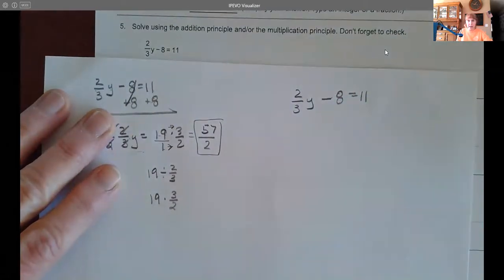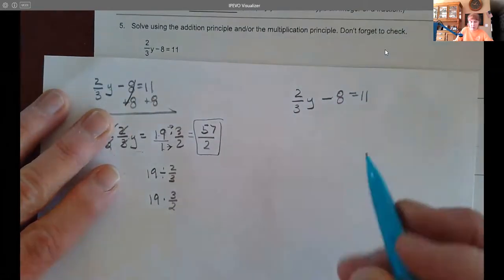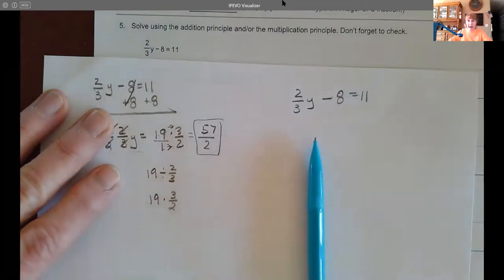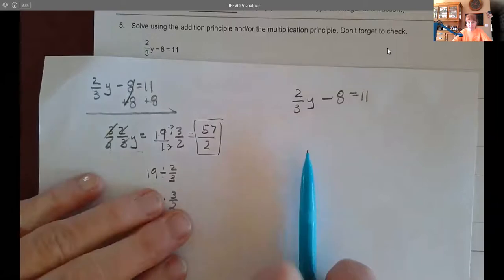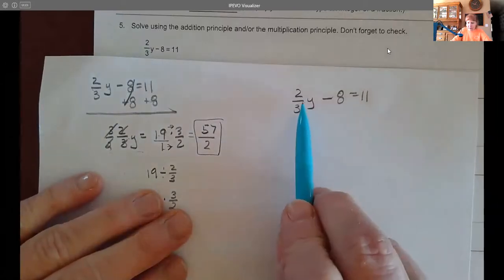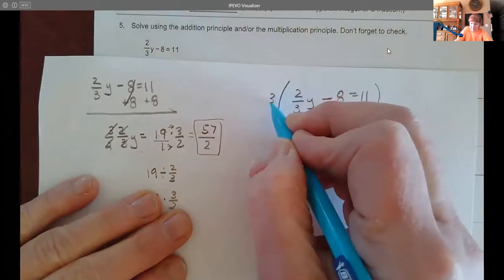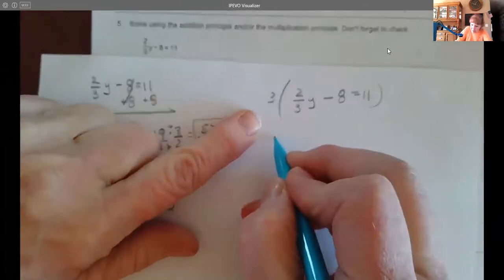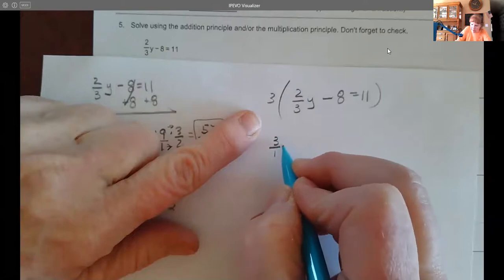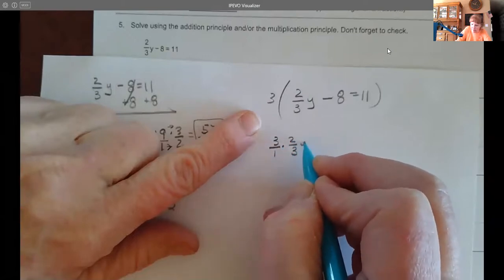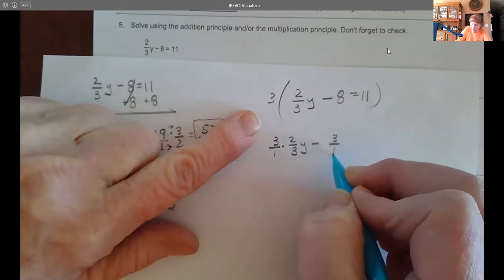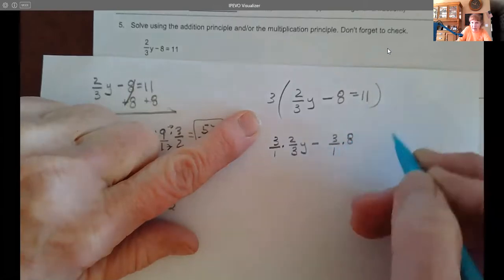All right, so now in order to solve this, we're going to eliminate the fraction first. So here we're going to multiply by 3 every term. So that gives us 3 over 1 times 2/3 y, 3 over 1 times 8. You don't have to put that.